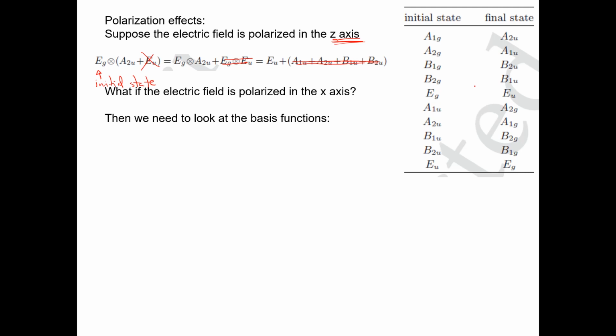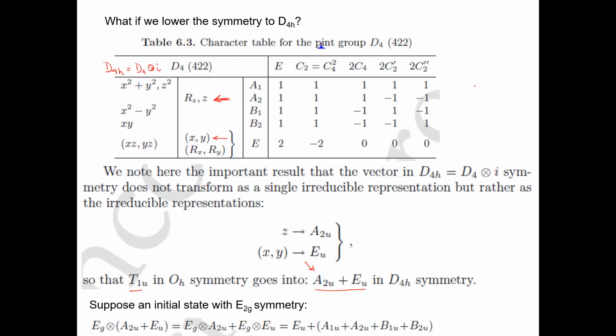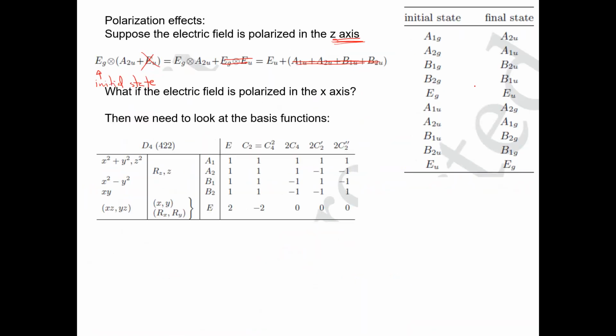So let's now consider a more complicated case. What if the electric field is polarized along the x direction? Let's go back to the character table, which I reproduced here. The x coordinate is one of the partners of the Eu representation.